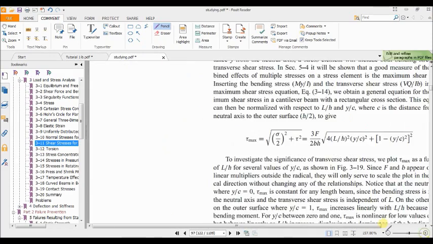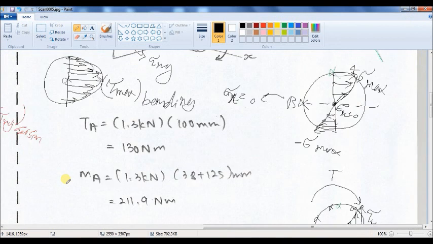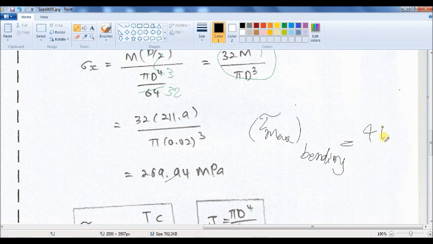We can find that the shear stress due to the bending is 4V over 3A. So let me write here tau max due to the bending is 4V over 3A.